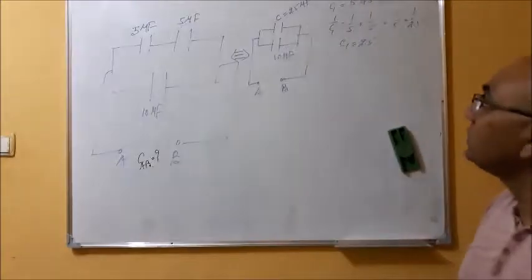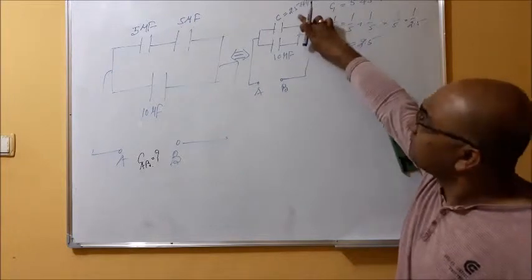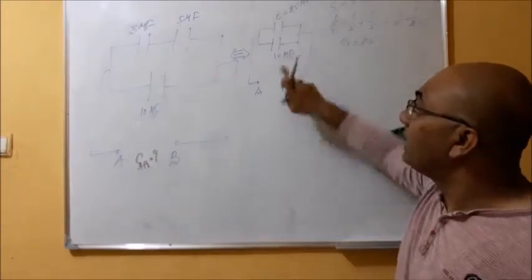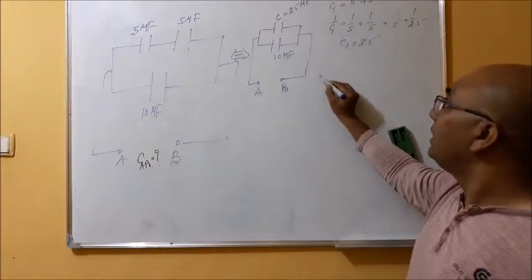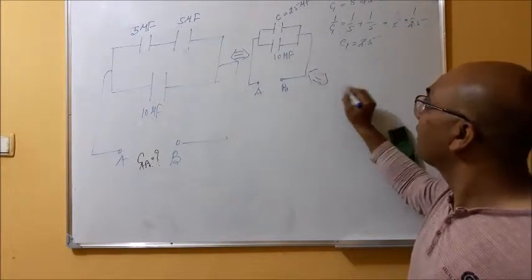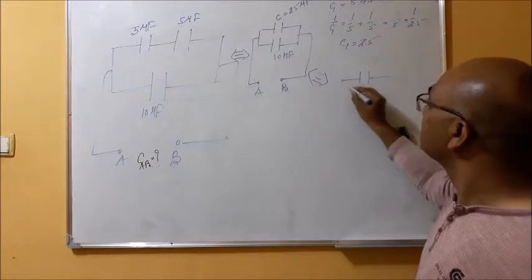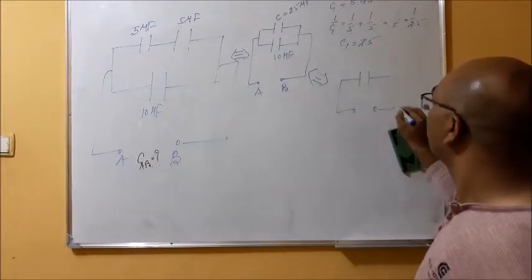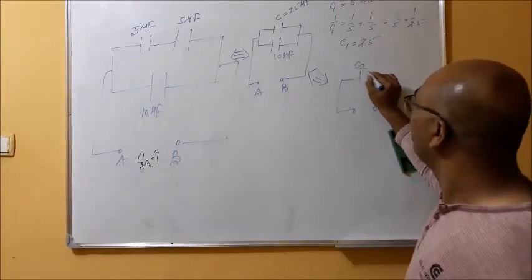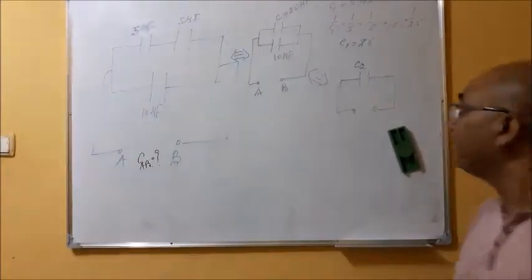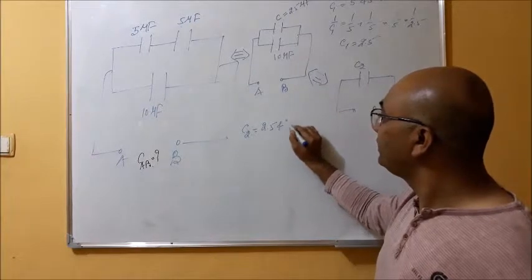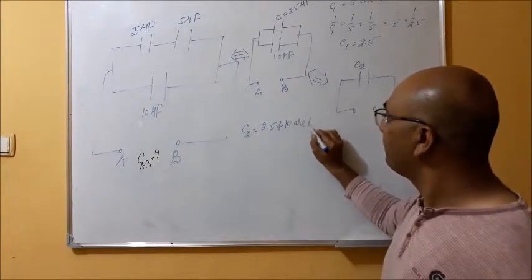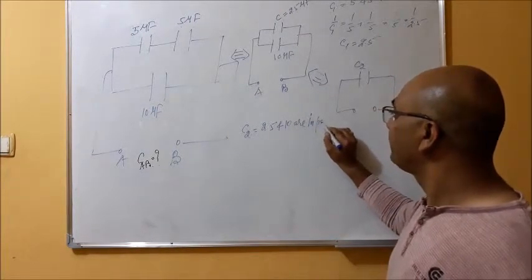Now you see, this C1, which is 2.5 microfarad, and this 10 microfarad are again in parallel. So in place of this, I can replace another capacitor, C2. 2.5 and 10 are in parallel.